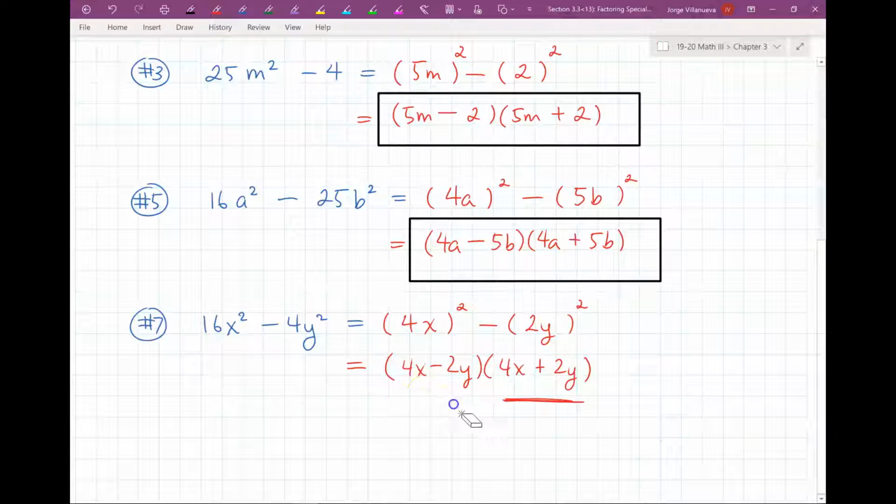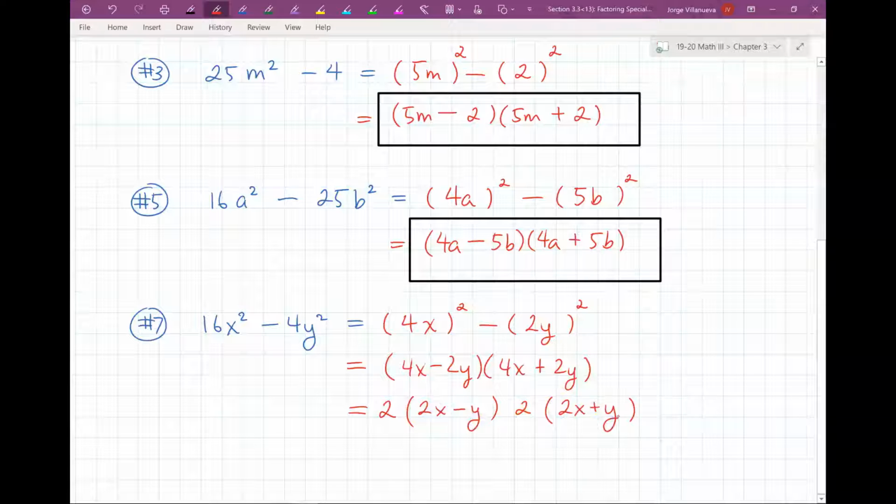Now, I'm not going to make you erase everything. This is what I'm going to tell you to do. And this is like the worst way to do these problems, but I'm going to show you how to do it. You're going to factor a 2 from each parenthesis. So from the first parenthesis, take out a 2. And from the second parenthesis, you're going to take out a 2. Inside of those parentheses, you'll end up with 2x minus y, 2x plus y.